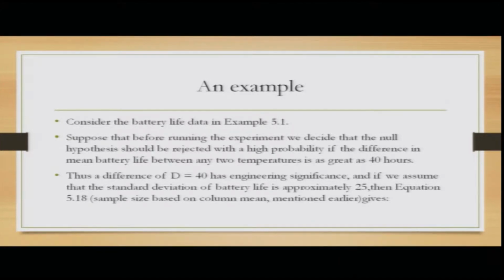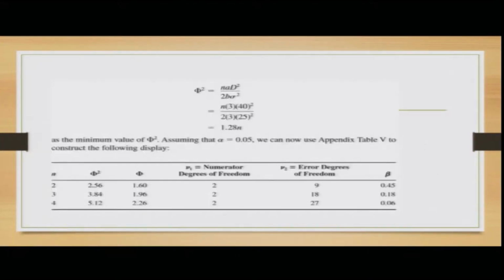Then the equation which we had considered about the sample size and the concept of the difference coming into the picture would be given with the values as this. Capital phi square was, if you remember, when we are considering the errors coming out from factor A, factor B, or coming from the combinations.